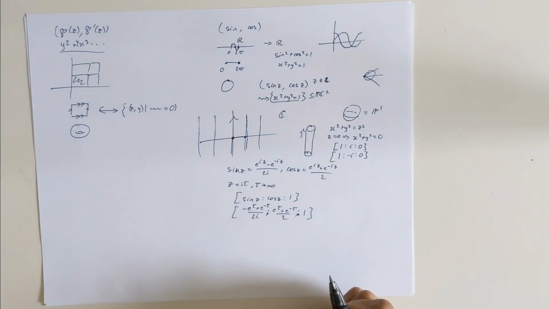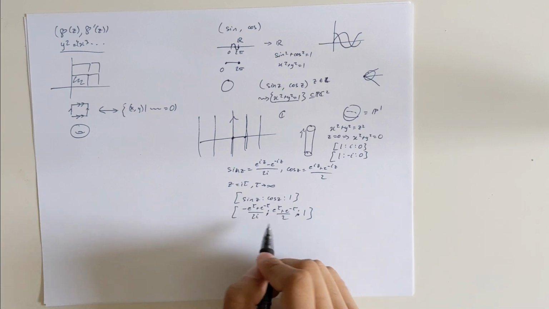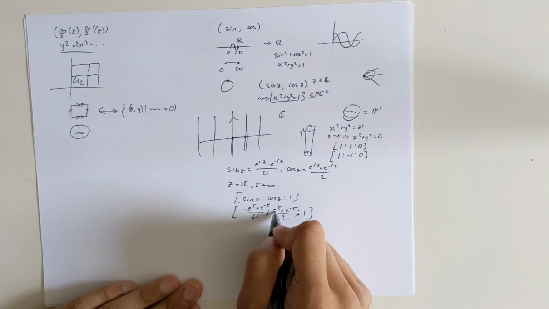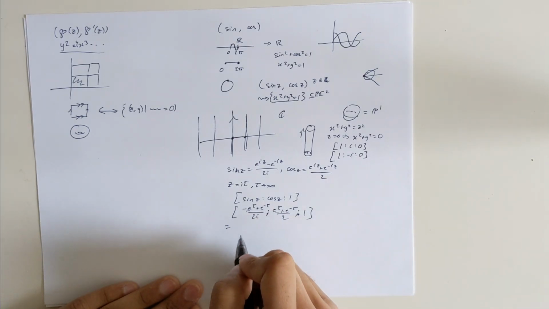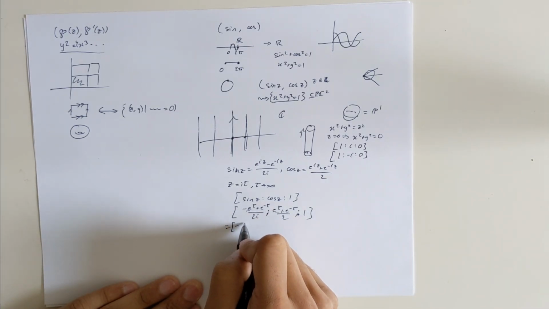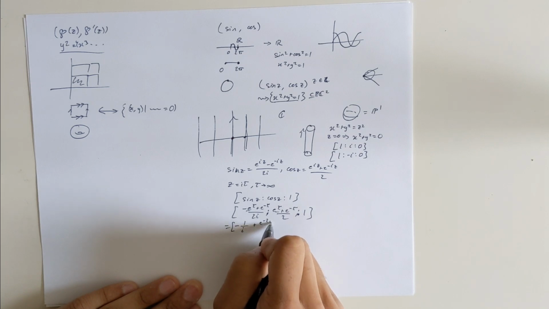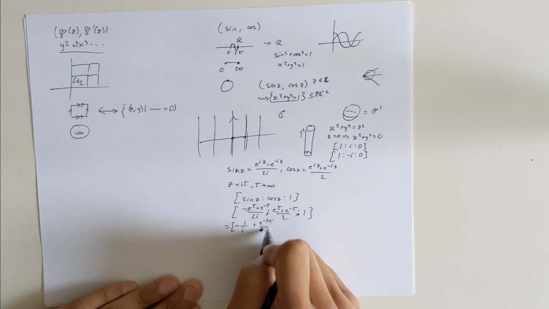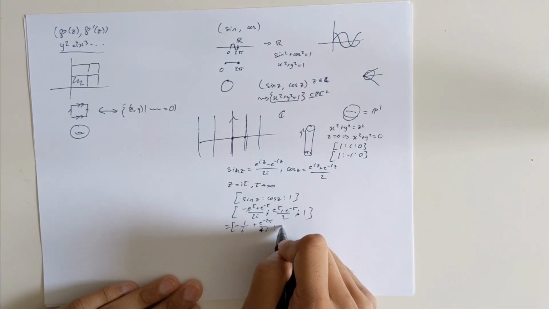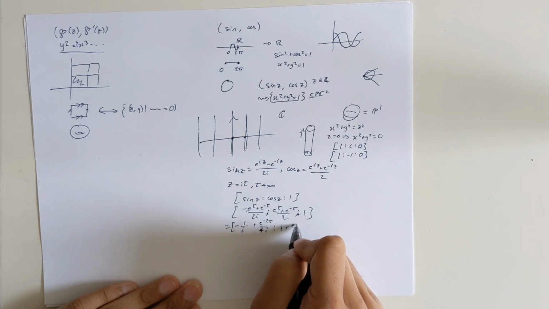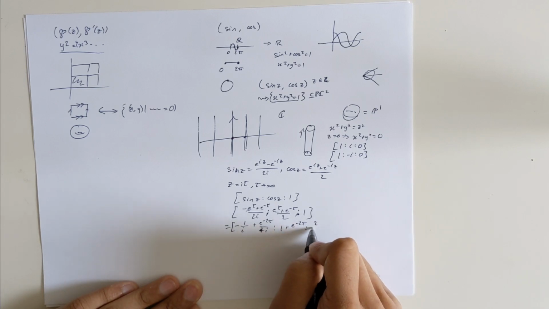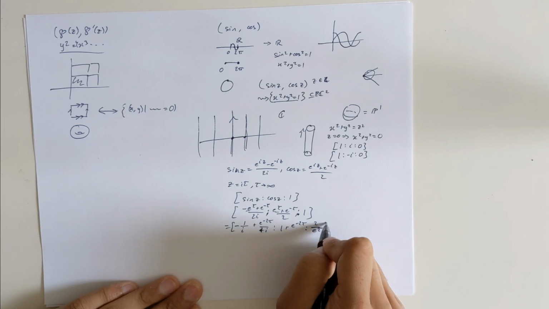And so what you can do is divide through all of these terms by e to the tau, or e to the tau over 2, I should say. And so this becomes negative 1 over i plus e to the minus 2 tau over 2 over i, and this should be 1 plus e to the minus 2 tau, and then this should be like 2 over e to the tau, and so on and so forth, or something like that.